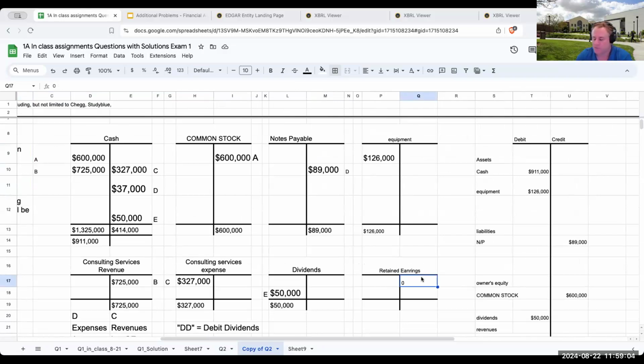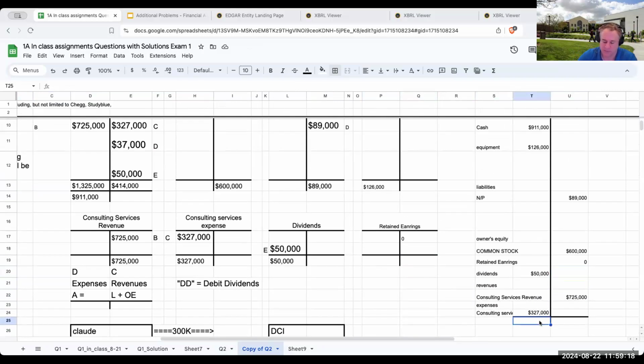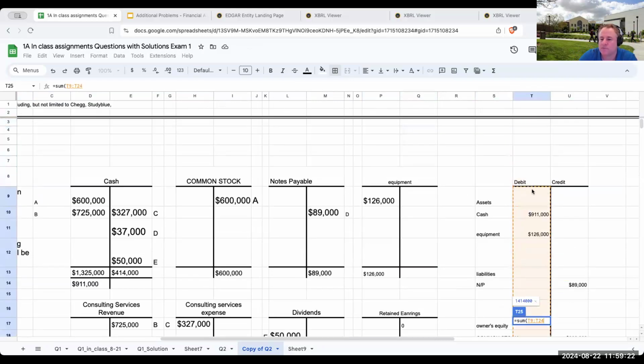Retained earnings is part of owner's equity, and it's what is going to link the income statement to the balance sheet.